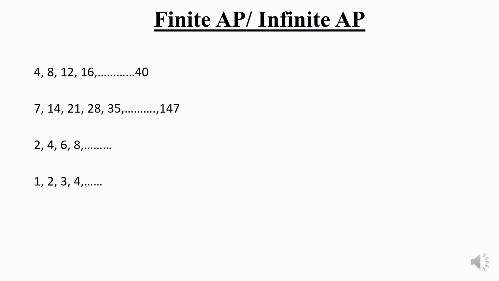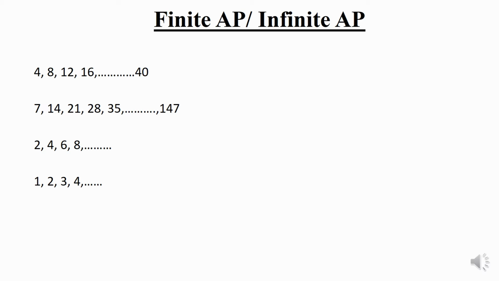So what do we observe? In the first two examples, we have the last number. 40 is there in the first example, and in the second example 147 is there. The last number is known. And coming to the last two examples, the last number is not known. They are infinite, the APs with an infinite number of terms.